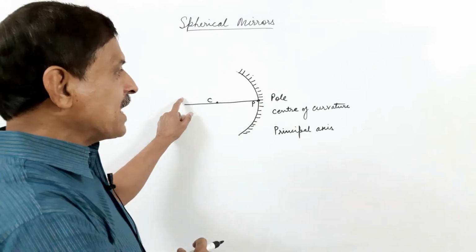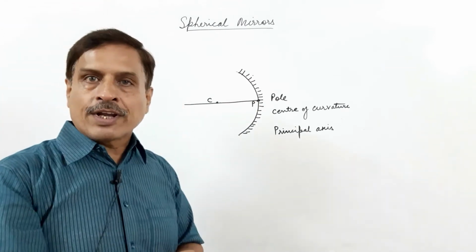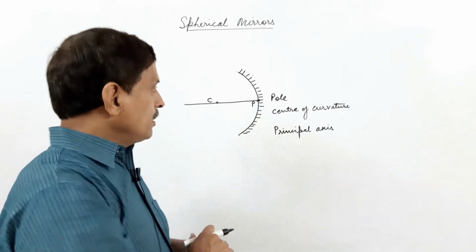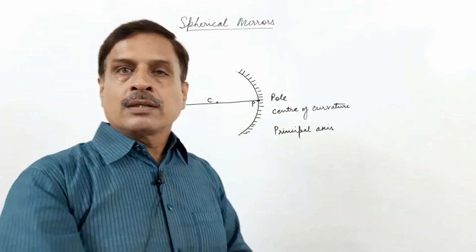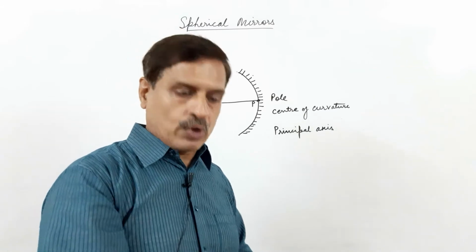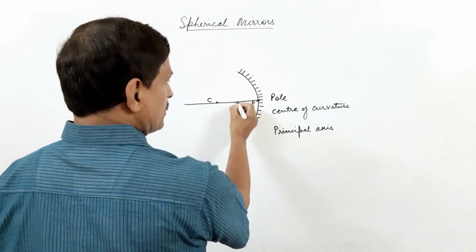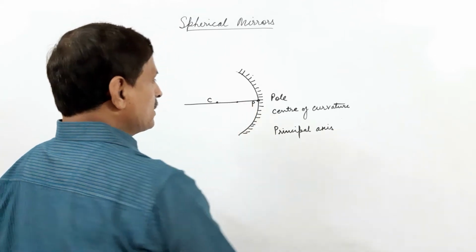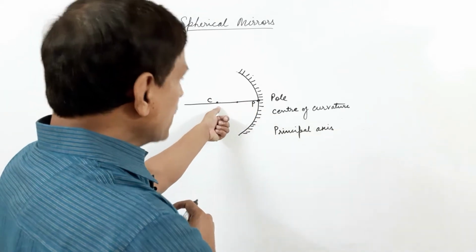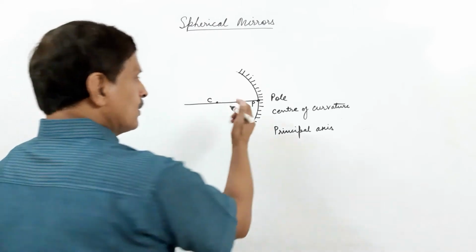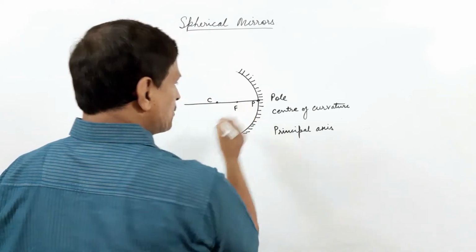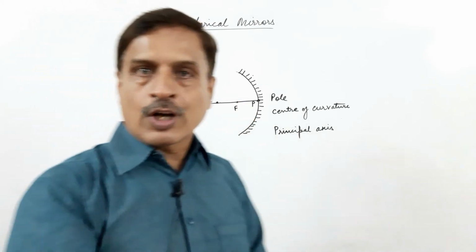This is called the principal axis of a spherical mirror. Next one is focus or principal focus. The midpoint between the pole and center of curvature on the principal axis is the focus of the spherical mirror.